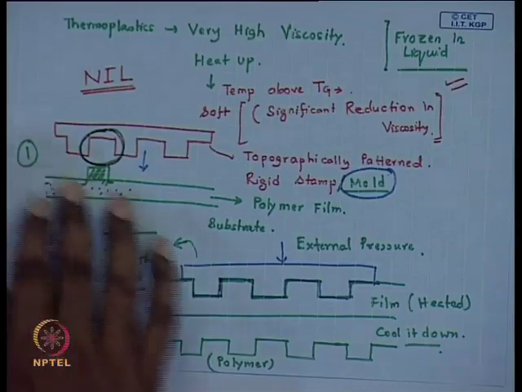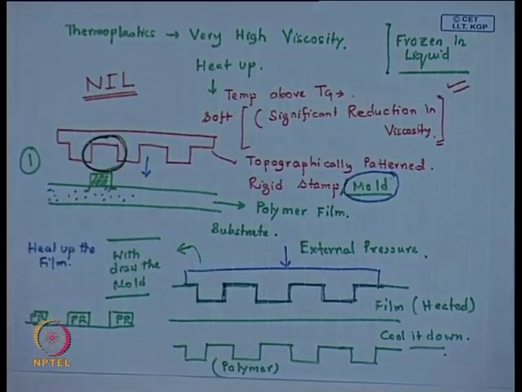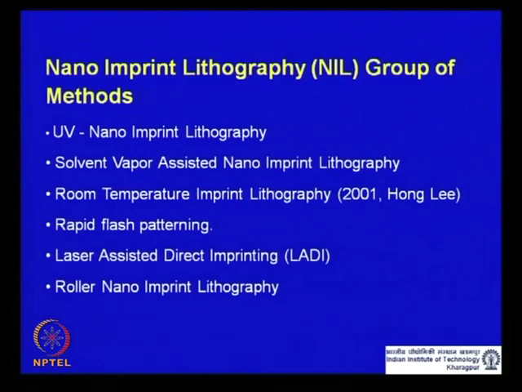Now, roller nano imprint lithography aims at making the NIL group of techniques into a continuous mode, more of a roll to roll process. This is becoming extremely popular in the flexible electronics industry. So, we will discuss some of these techniques in somewhat more detail.